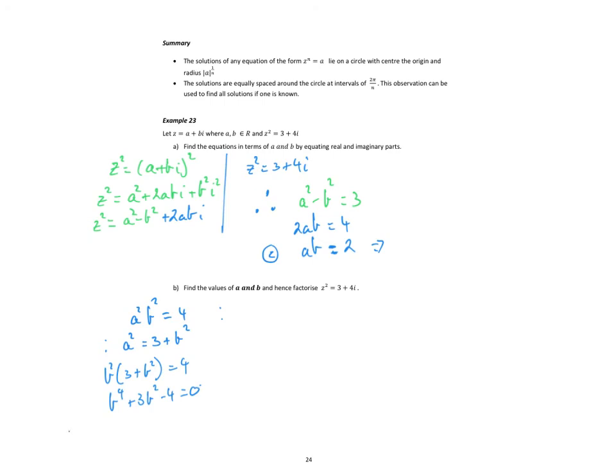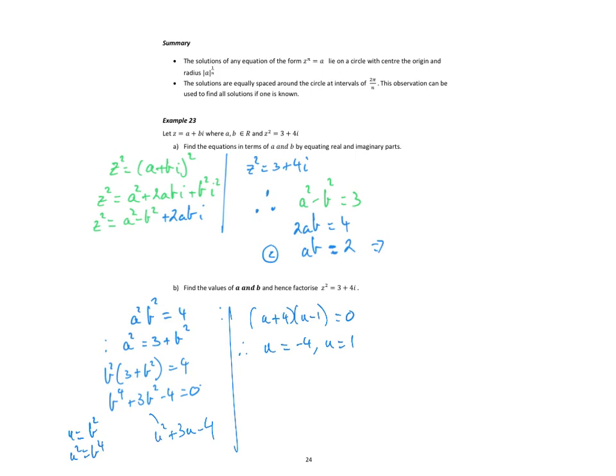If I put u equal to b squared, u squared equals b to the 4. So I could rewrite this as u squared plus 3u minus 4, which factorises u plus 4, u minus 1, equal to 0. Therefore, u equals negative 4, u equals 1.